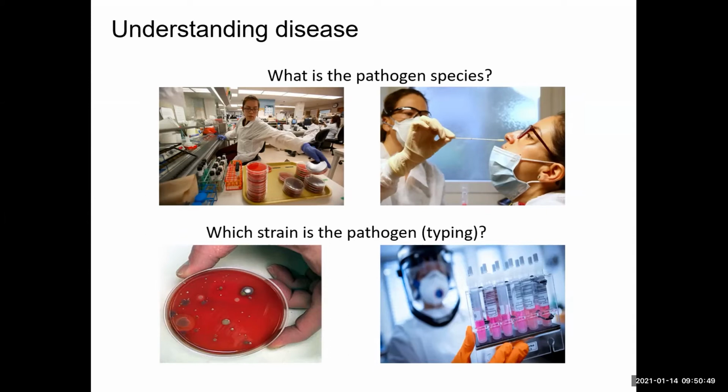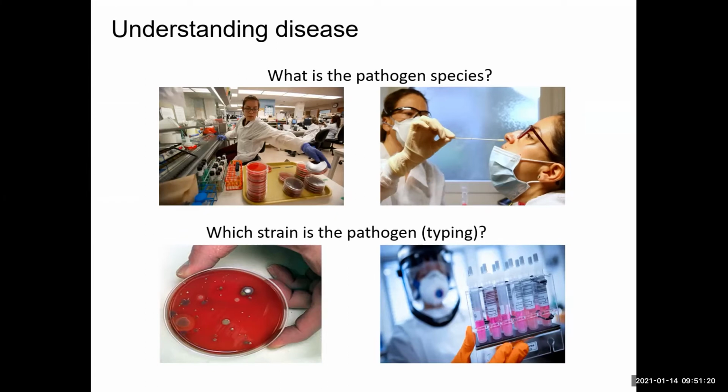So as well as understanding the species, what we really need to understand is the strain of that organism that is causing the disease. For many, many years, differentiating, that is to say, telling the difference between a good strain and a bad strain, has preoccupied molecular epidemiologists and microbiologists and virologists all over the world.